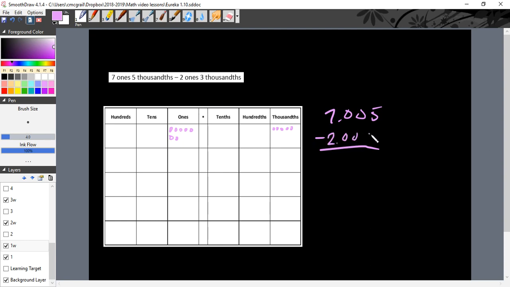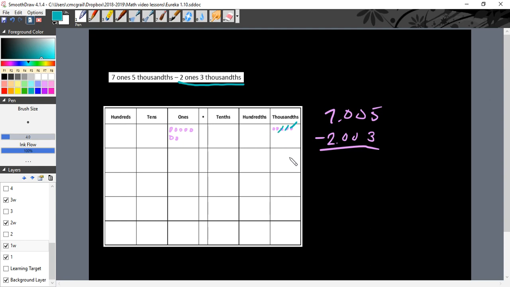1, 2, 3. Okay. The difference today is that we're actually not going to be writing our second number in our place value chart. Instead, we're going to be crossing out those values. So I'm subtracting 3 thousandths. So I'm going to go 1, 2, 3.